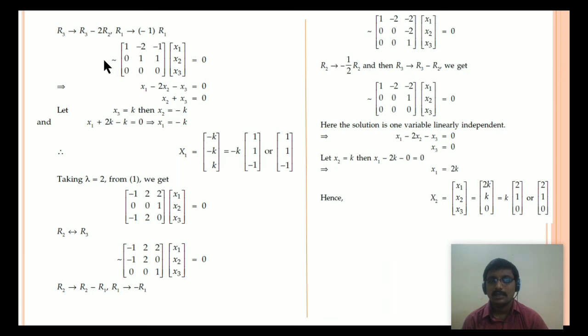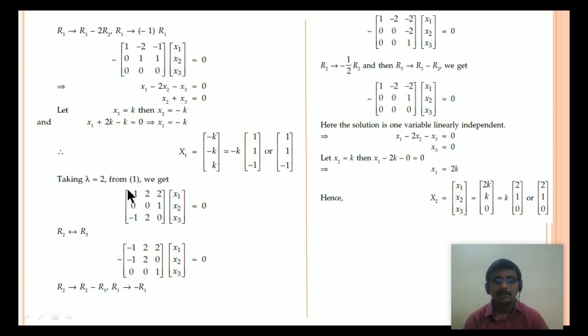So x3 equal to k and x2 becomes minus k. Substituting these values in the first equation, we will get the x1 value. Taking out minus k as common, x1 is the matrix (1, 1, minus 1).